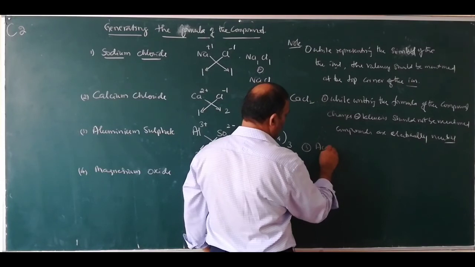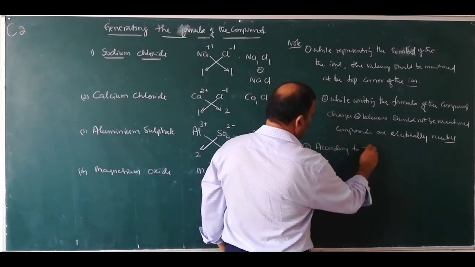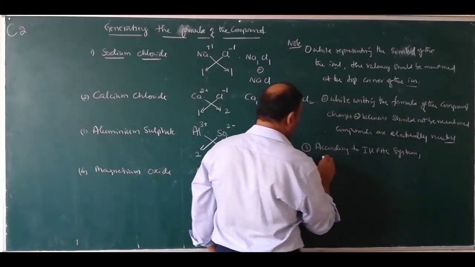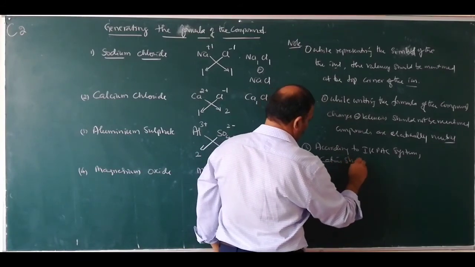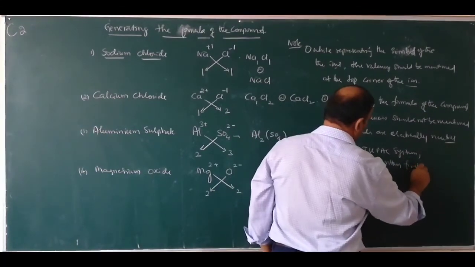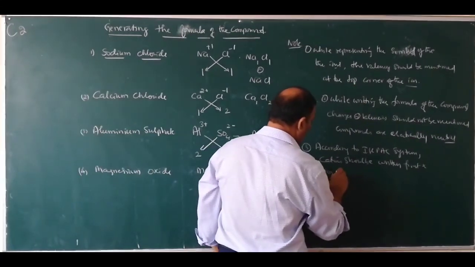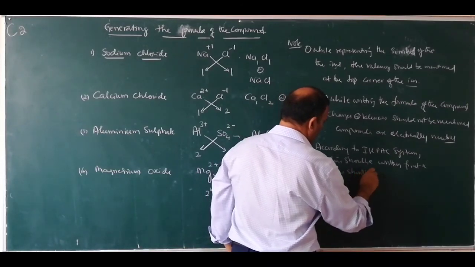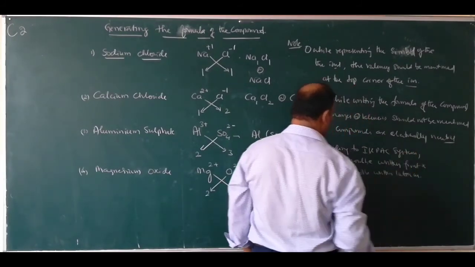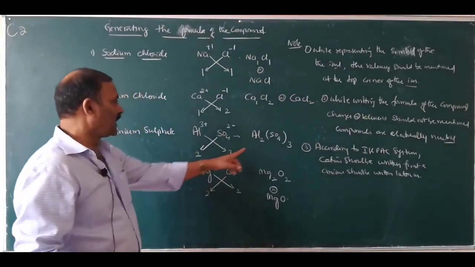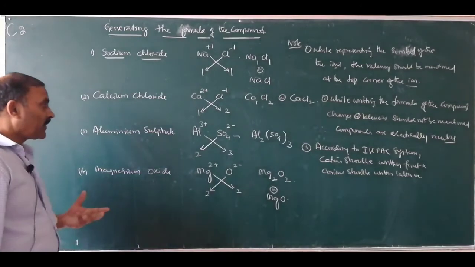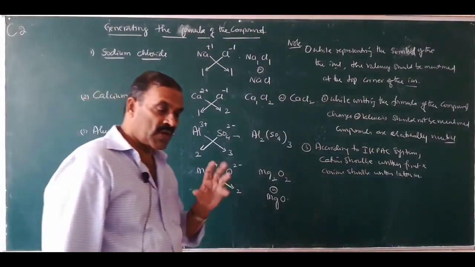Cations should be written first and anions should be written later on. So the cation should be written to the left and the anion to the right side. So these are all the important rules you have to follow while writing the formula of a compound.